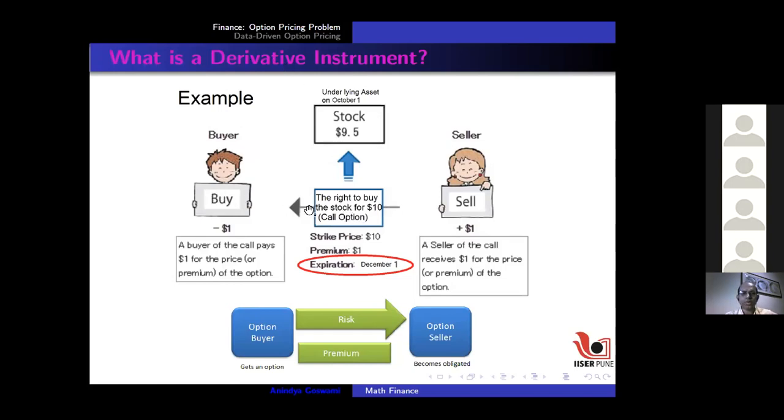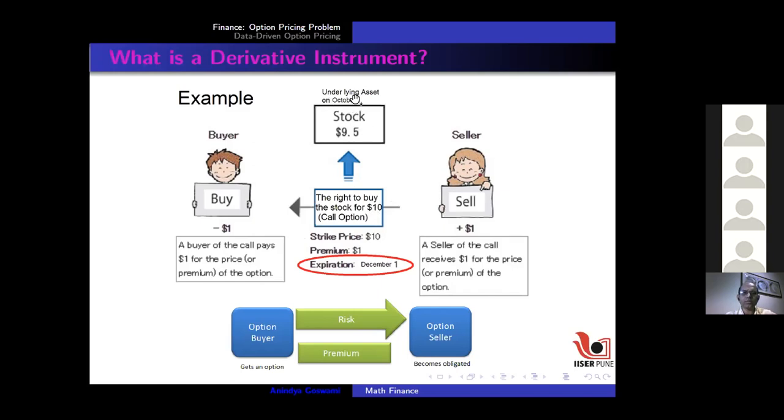Here is the buyer and the seller, not of the stock, but of a contract, which we call a call option. This contract basically says that this boy, if he possesses this contract from the girl, that means he pays some money, maybe a $1 premium, and possesses this contract, then he gets the right of buying 1 unit of stock from the girl at a fixed price, and that price is determined today.